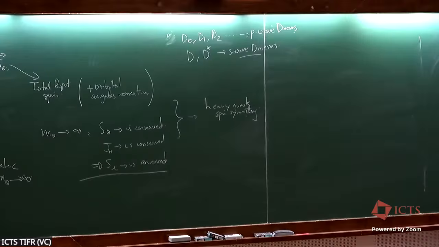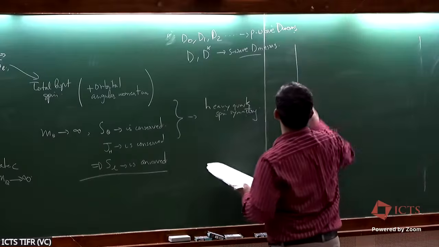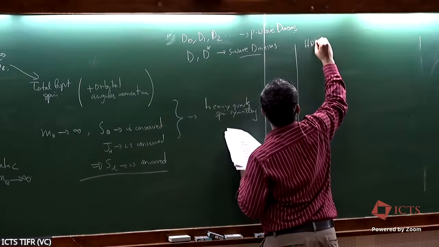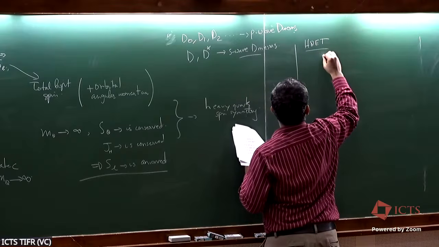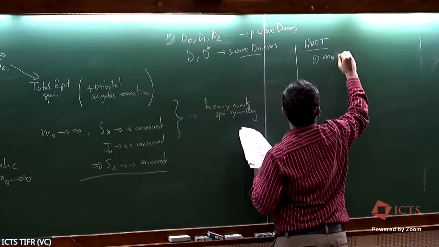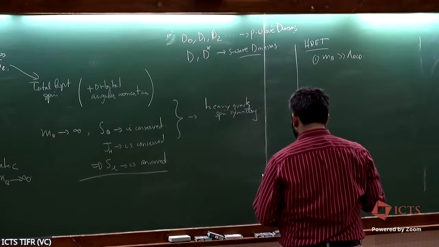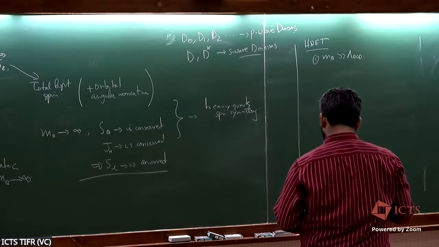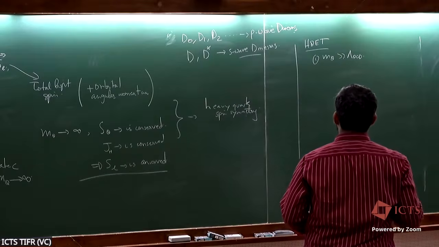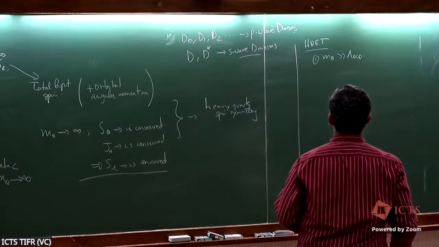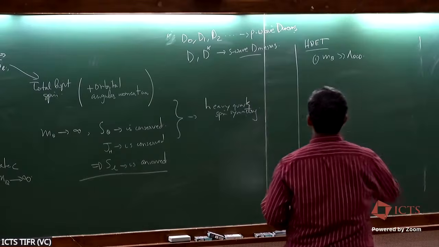So the main point for the construction of HQET is obviously to exploit this large mass scale. And in order to do that, what we first need to define are something called the projectors.